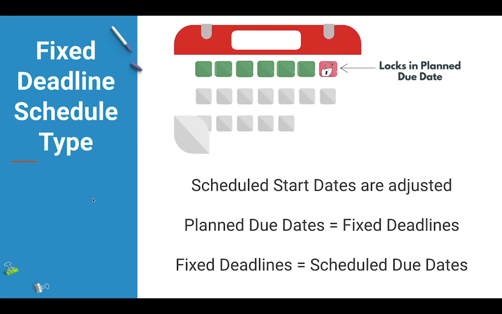But the scheduled start dates will be adjusted and adapt similarly to the way that Accelo adapts and predicts dates on adaptive schedules. So this means that there's a little bit of flexibility with the start dates of work, but assignees are well aware that the deadlines are fixed, and they're fixed for important reasons. We have to be able to deliver quality services and materials on time to this client on this date.